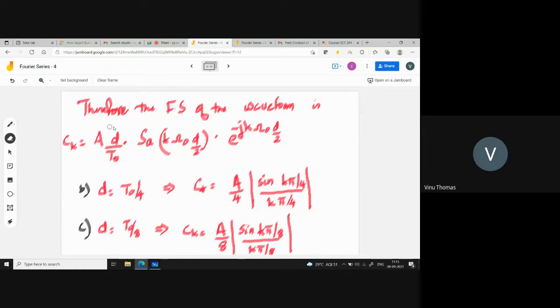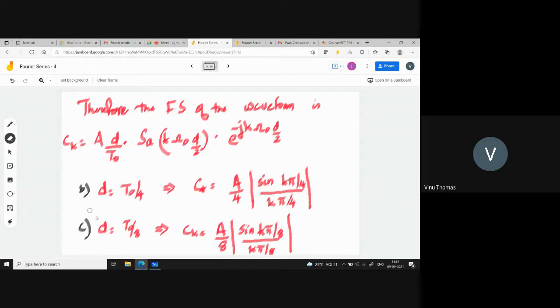We will have to look at the expression we wrote earlier. So you have a sampling function which is multiplied by a constant given by A into d by t0. So the amplitude increases by A into d by t0. Now that total sampling function has to be multiplied by an additional phase shift of e raised to minus jk omega 0 d by 2.